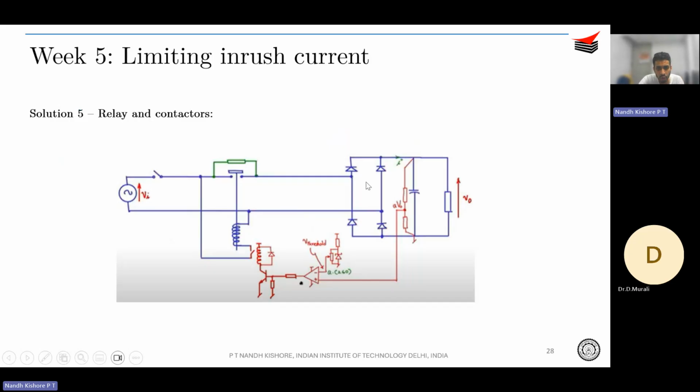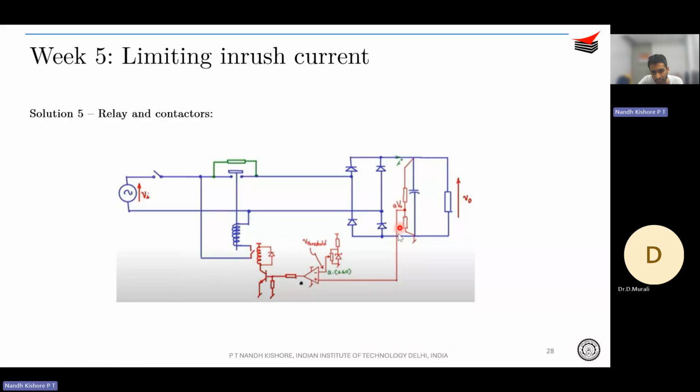Just in a nutshell, you will take a tapping, sense the output voltage, and compare it with some threshold voltage and use it to close a relay. So you will sense whether the output voltage has risen. If the output voltage has reached the rated value or near the rated value, then this contactor will close.